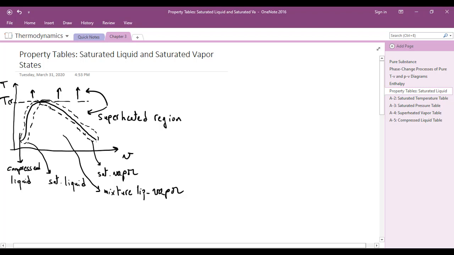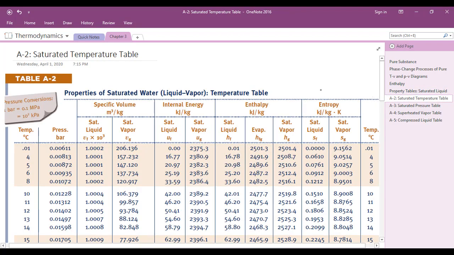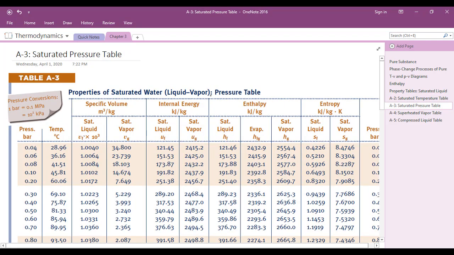These two lines have one table. In fact, this table is called the saturation table. Here we have the saturation temperature table, and also we have another version of this table called the saturation pressure table.